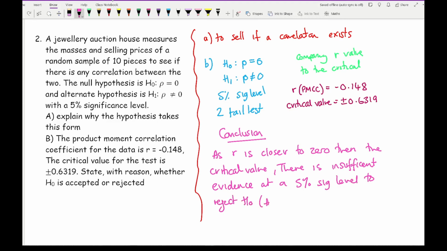So in other words, what we're doing is we are accepting H0.